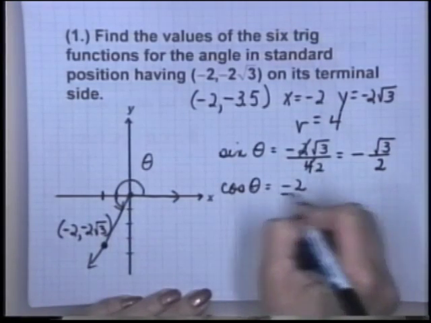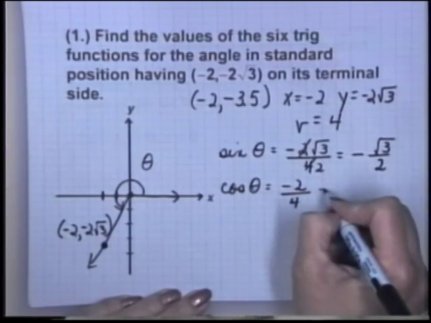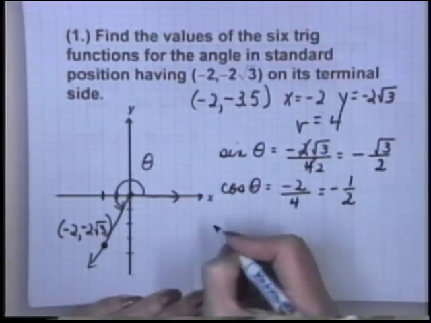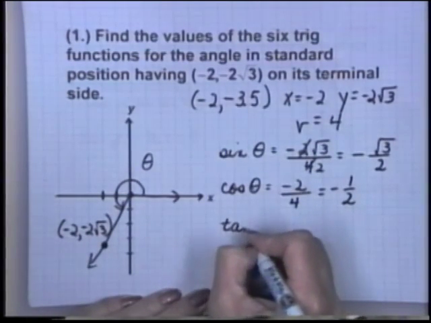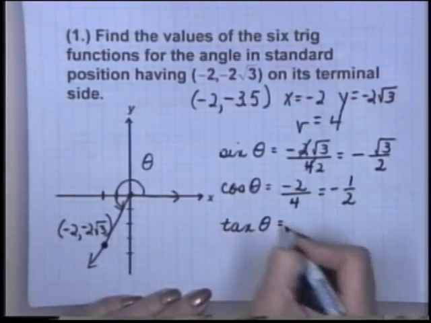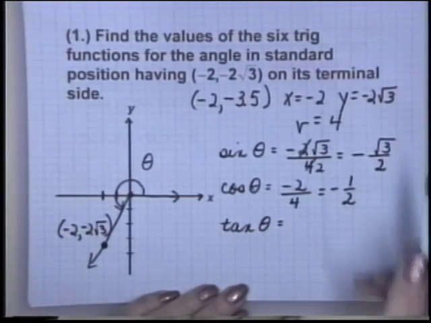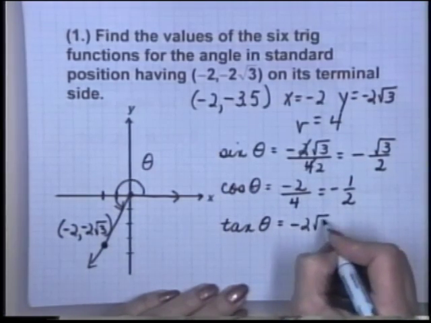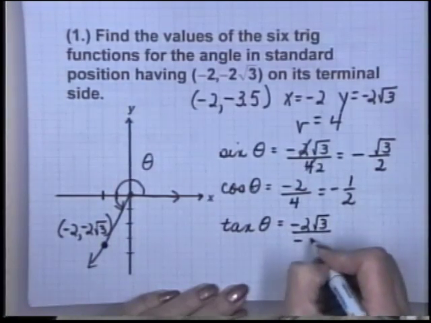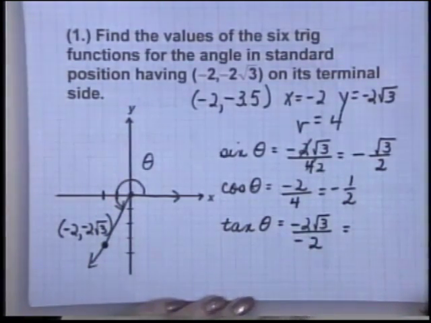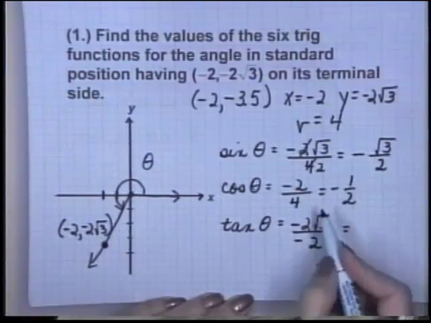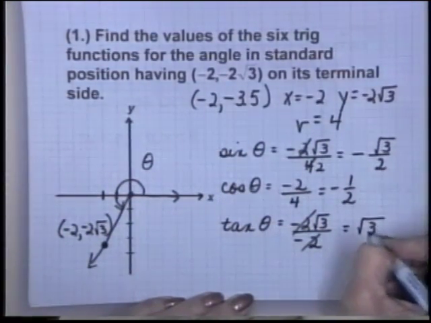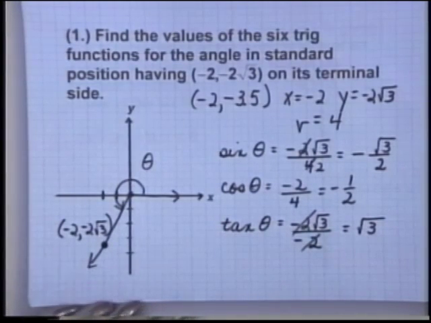I'll have -2 divided by 4, which is -1/2. For my tangent of theta, that will be y divided by x, -2 times the square root of 3, divided by -2. Now what happens is those -2's divide to 1, so we're left with the square root of 3.